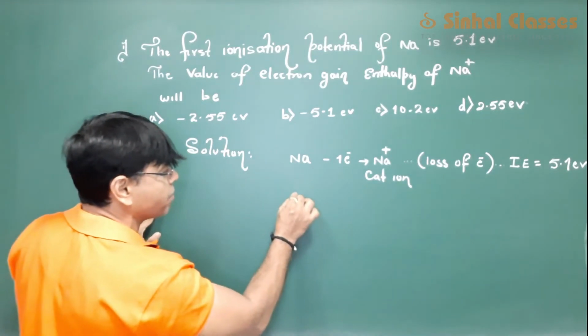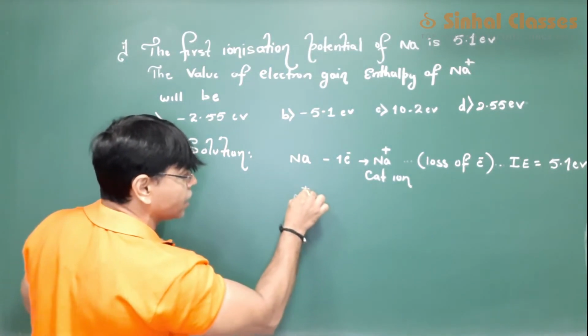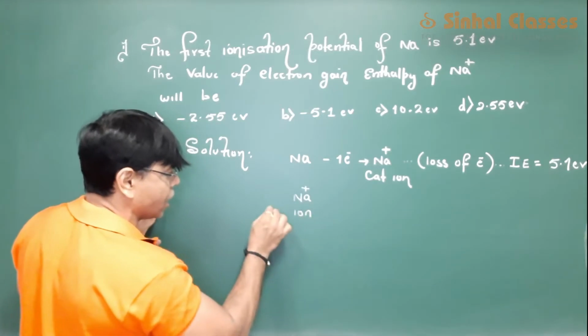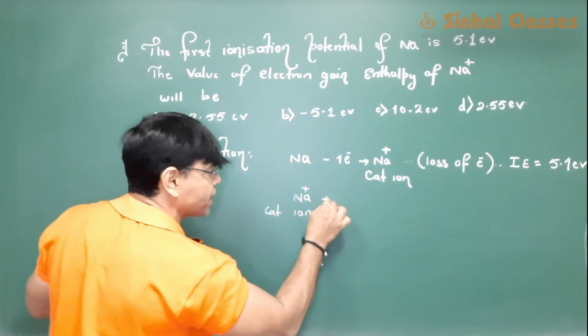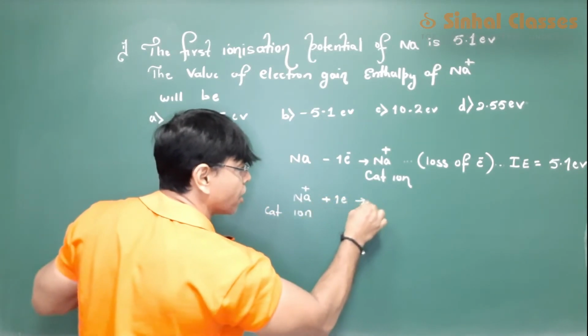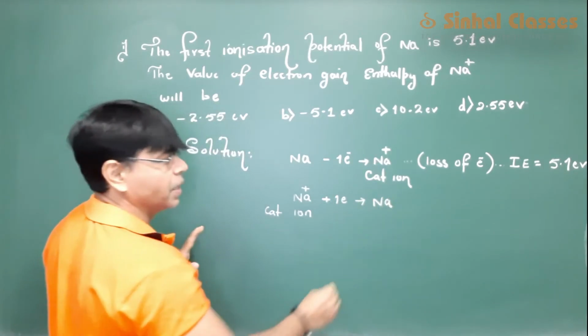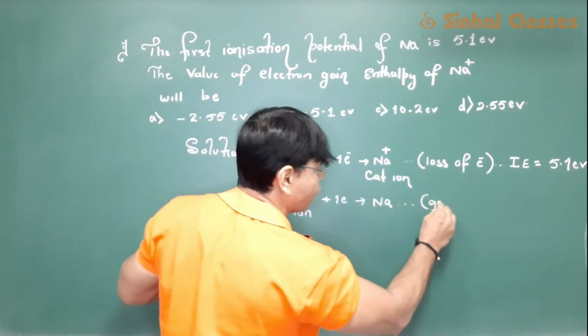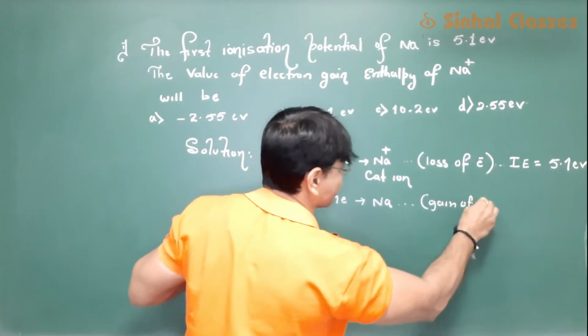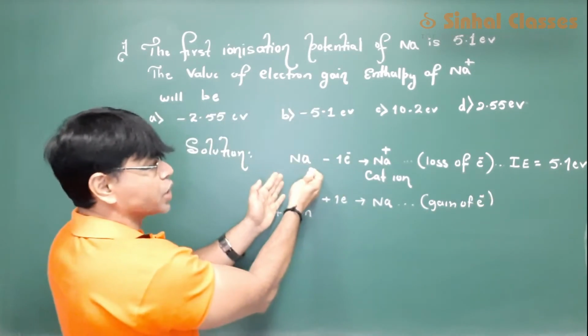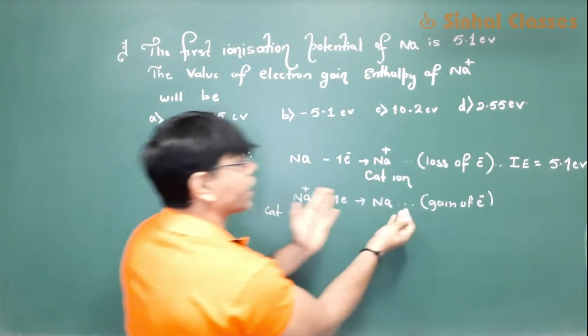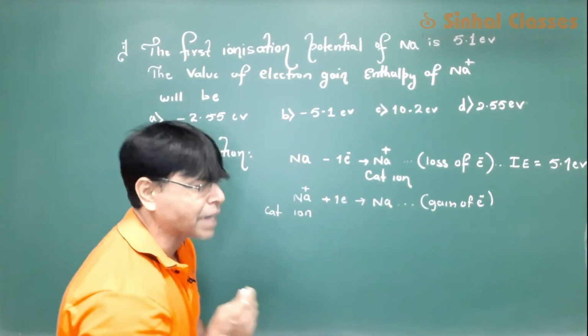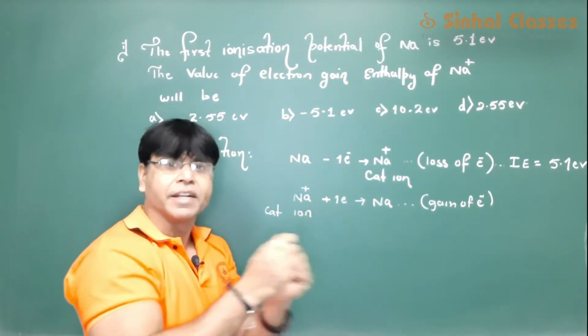Now gain enthalpy means Na plus ion, that is cation, is accepting one electron to turn back into atom. That means it has to gain an electron. Now this is very simple. For losing it is 5.1, for gaining it will be reverse, the same magnitude, only the sign will differ.